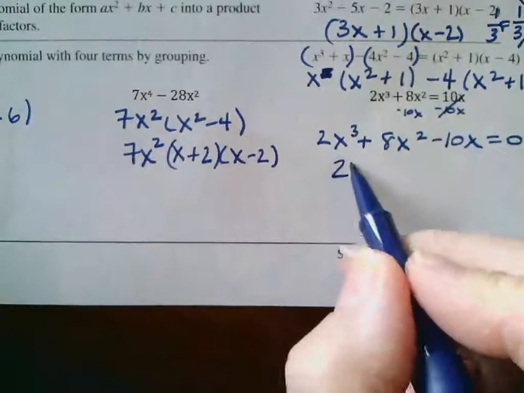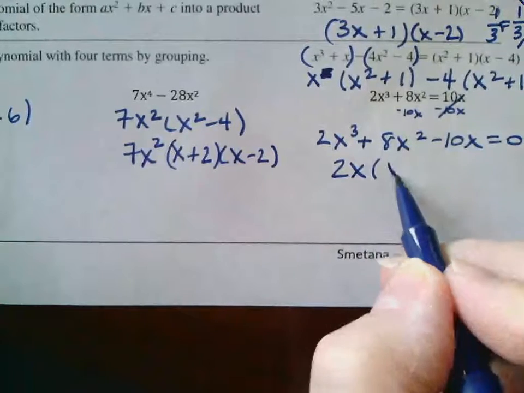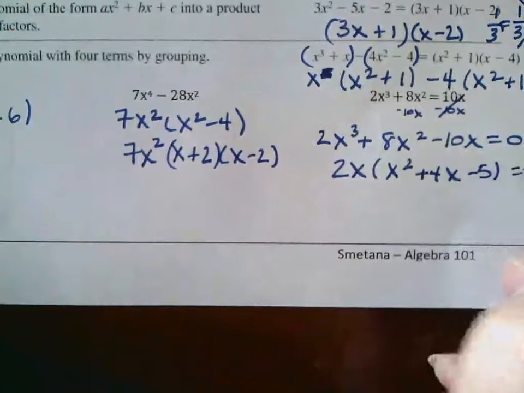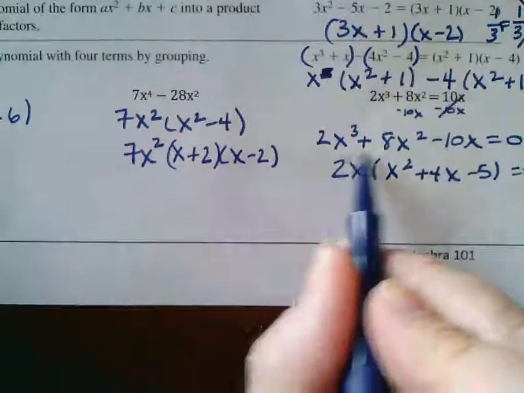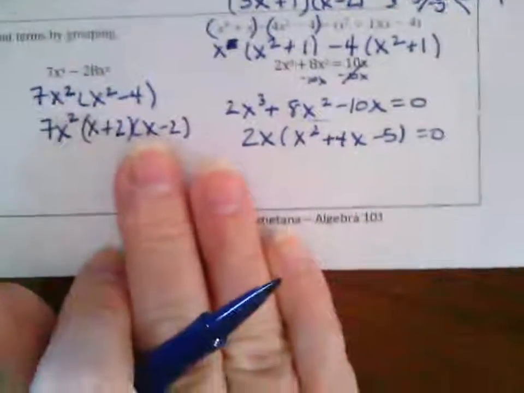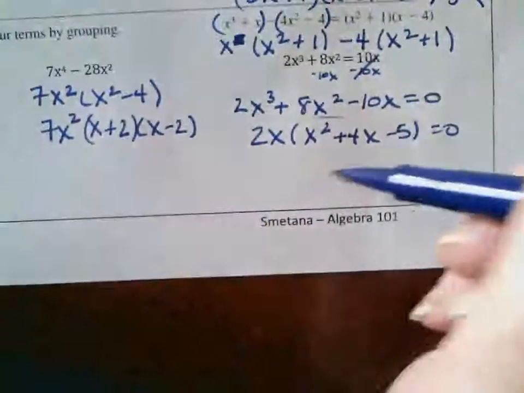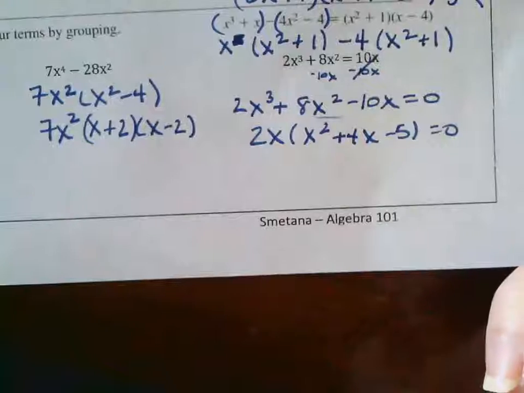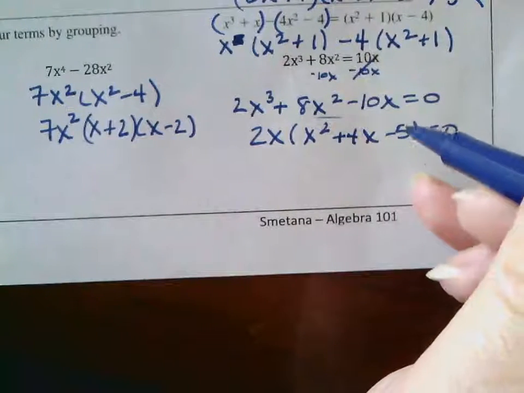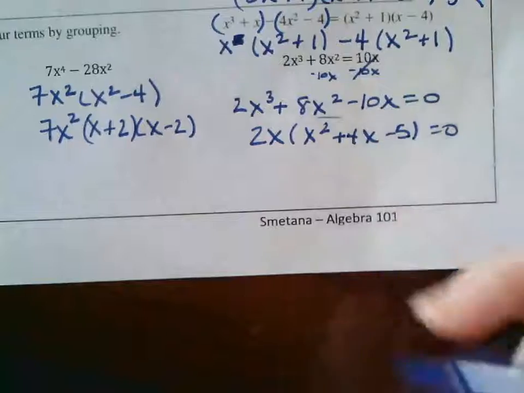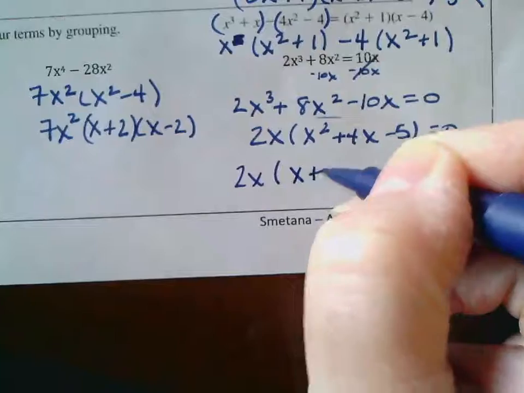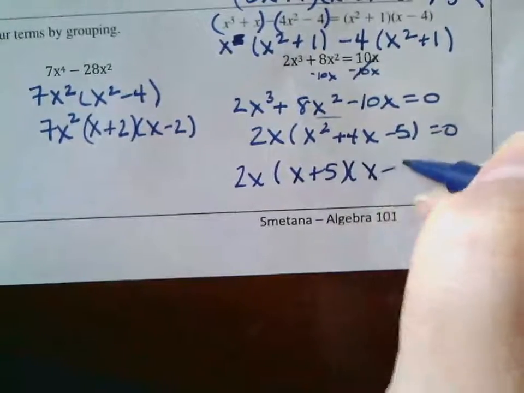So 2x times x squared plus 4x minus 5 equals 0. I moved this over by subtracting, and then I factored out the 2x. Now I'm going to see if I can factor this further: two numbers that multiply to equal -5 but add to equal 1. So 2x, x plus 5, and x minus 1.